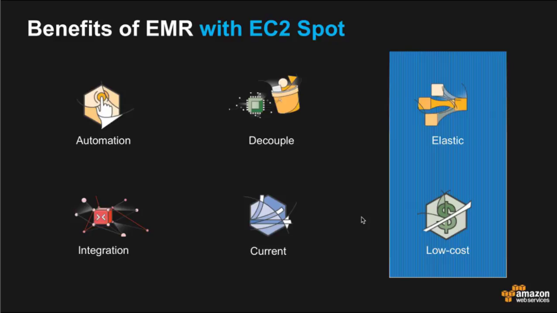These two aspects which are highlighted in blue here are the benefits that are really front and center when you're using EC2 Spot: elasticity and low cost. Because you are paying a much lower price for the instances when using EC2 Spot, that definitely ties into the low cost aspect. And in addition, when you are using lower cost, you are able to increase your scale, and that's why the elasticity component of the benefit is highlighted as well.